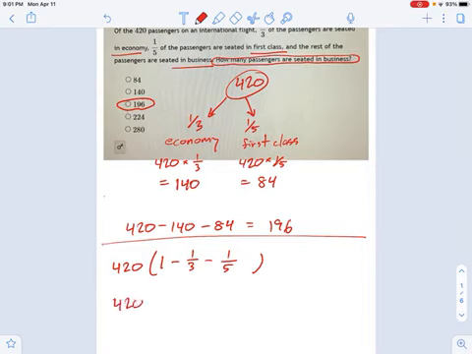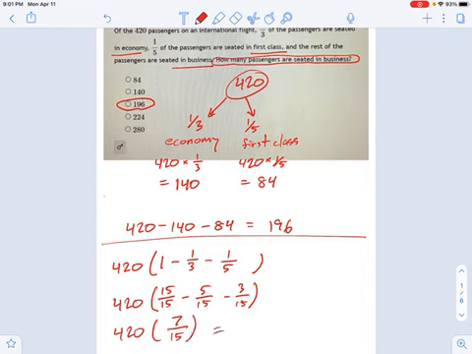You just say 420 times, well, I need common denominators, so it's going to be 15/15 minus 5/15 minus 3/15. Okay, and that's going to be 420 times 7/15. If you do that multiplication, you will once again get 196.